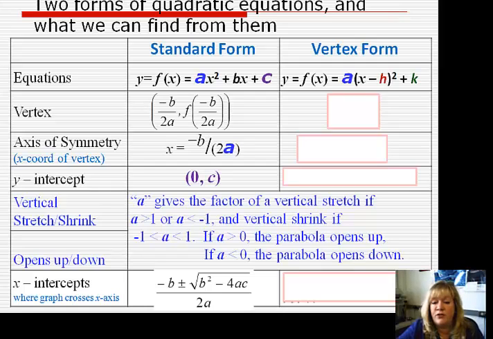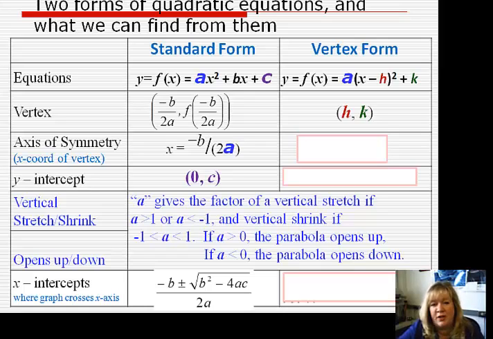Moving over to the vertex form, the reason it's called the vertex form is it gives you the vertex right away. You have a times (x minus h) quantity squared plus k. The h is the x-coordinate and the k is the y-coordinate. So all you have to do is look at those two numbers. Where people kind of mess up on this form is they don't realize that there's a minus in front of the h.